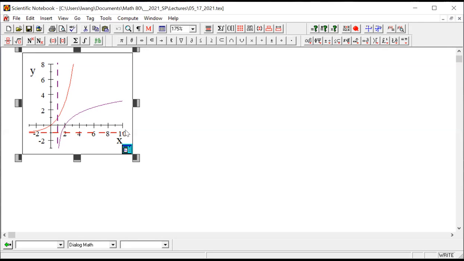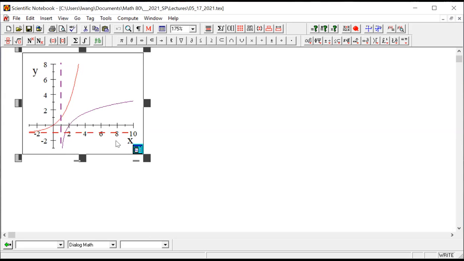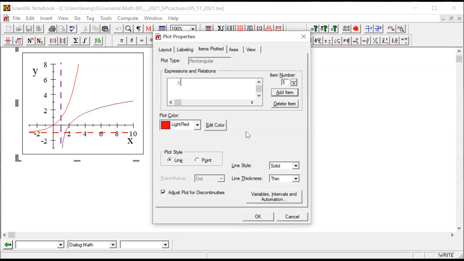Let's draw the green line. Okay, I'm going to have this set up. Okay, this is 2 to the power x minus 1, and this is log base 2 of x minus 1. Let's see if they're symmetrical with respect to that green line, which I'm going to make green, broken.